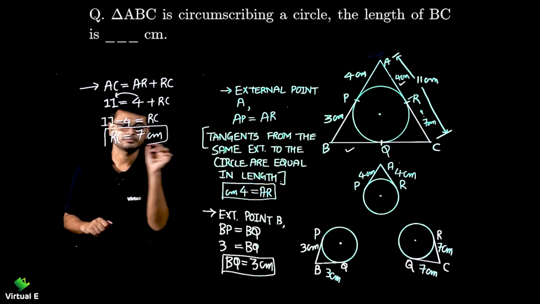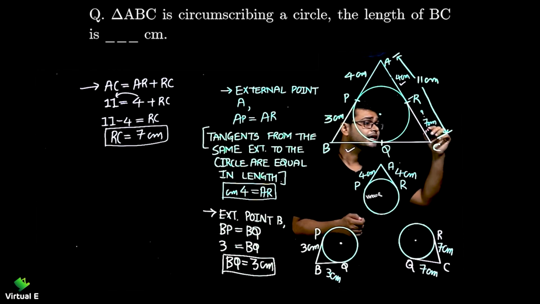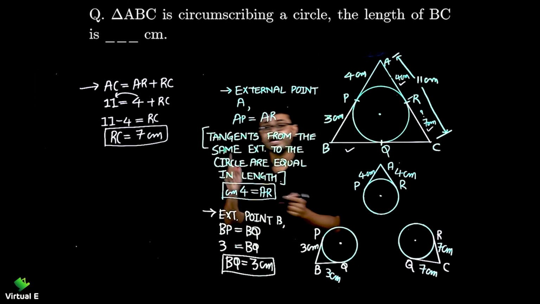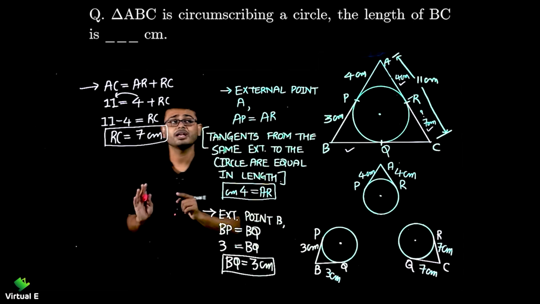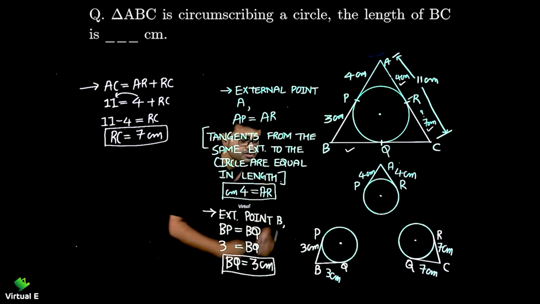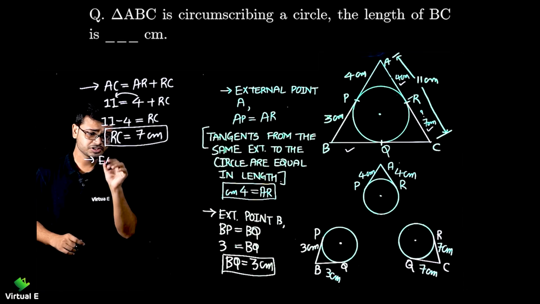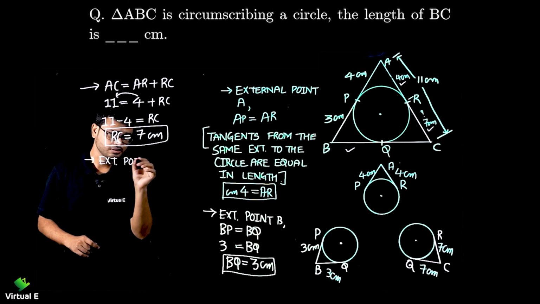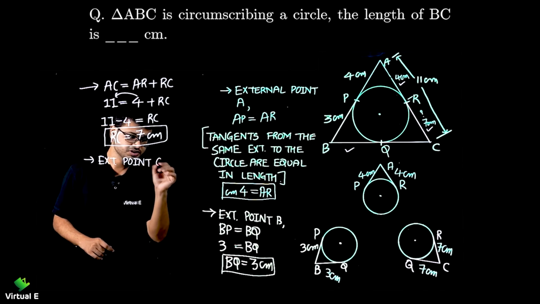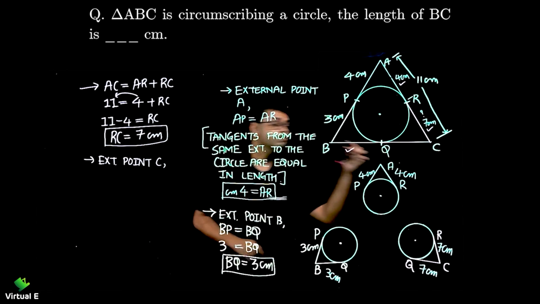Now RC is done. Now what do I need to do? I will be taking this 7 centimeter, calculation is done. Now let's talk about external point C. That is the only thing left now, right? Because external point A is done, external point B is done, external point C. Now what relation will I write?